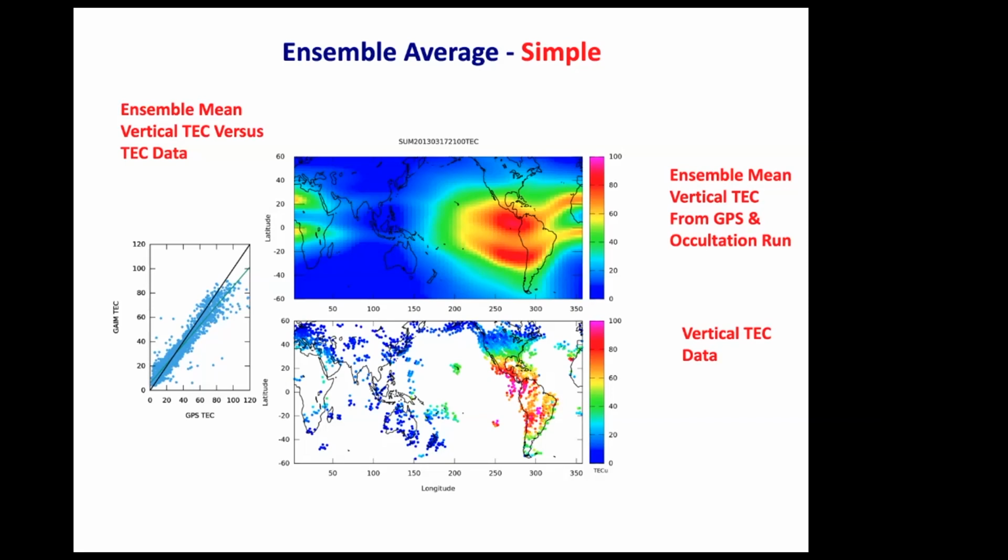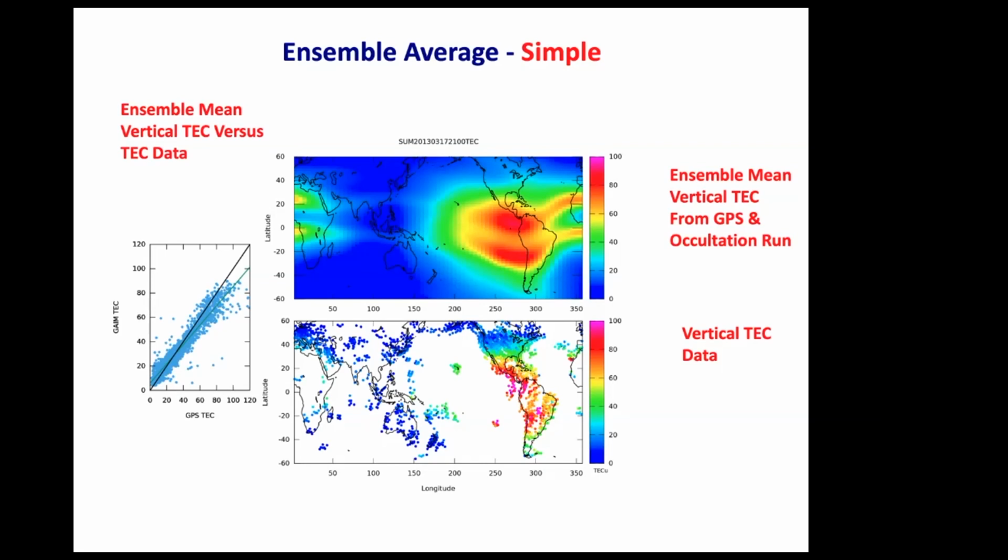The figure shows the ensemble mean of the vertical TEC in the top right panel, the vertical TEC measurements in the bottom right panel, and the comparison of the data and the ensemble mean in the left panel. For perfect agreement, all of the ensemble mean TEC values would agree with the measurements, and that would fall on the 45-degree line.